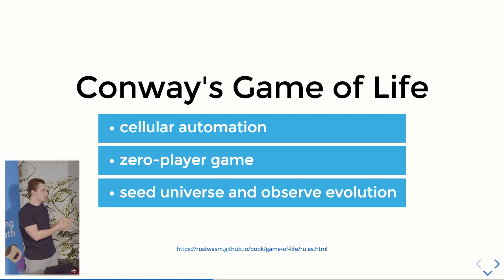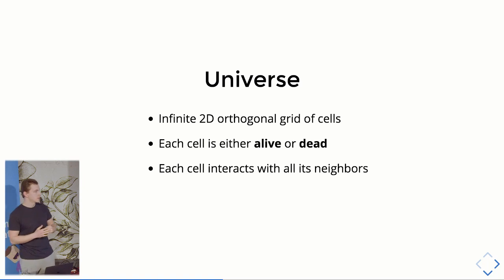You just seed the universe and you observe its evolution. And speaking of the universe, it is a 2D orthogonal grid of cells. Each cell can be either alive or dead. And the next generation is based on the interactions of each cell with its neighbors.